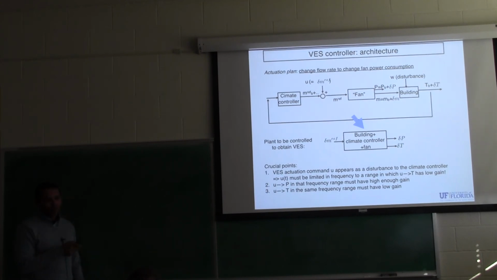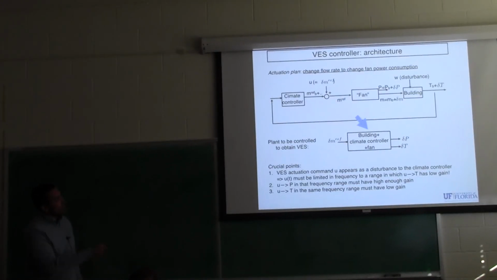Those are two things we have to do, right? So there has to be a controller that changes this to make sure delta P tracks the reference and delta T is small, imperceptible, so that the climate control system doesn't have any idea what's going on, because it doesn't see any change in temperature. It only reacts to change in temperature, right?